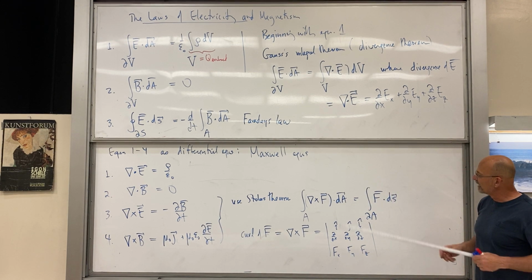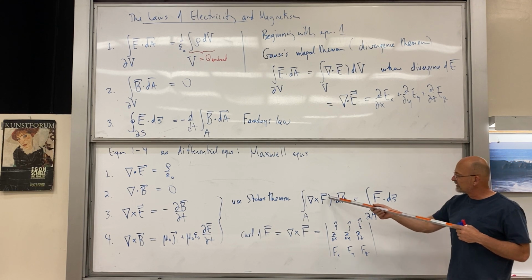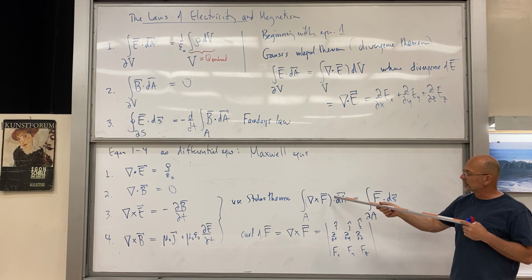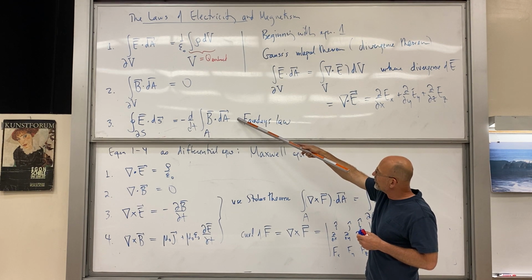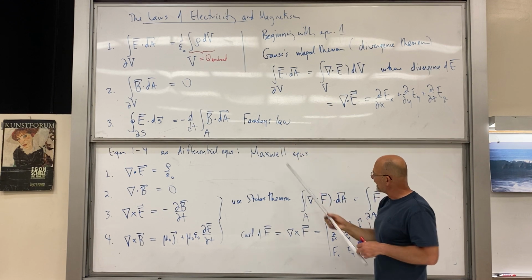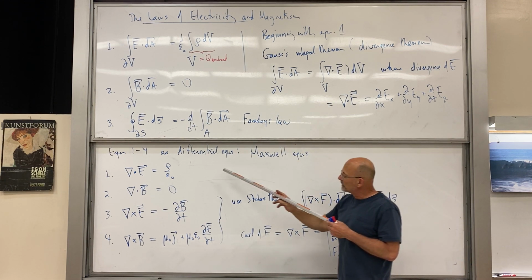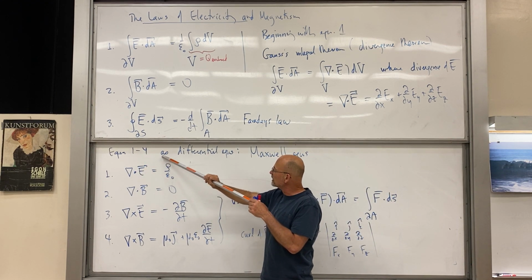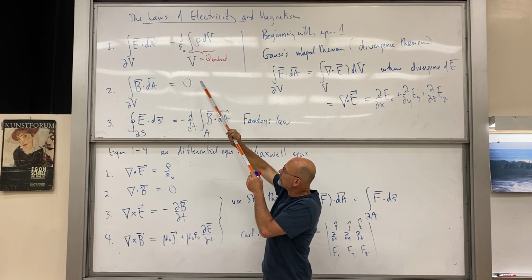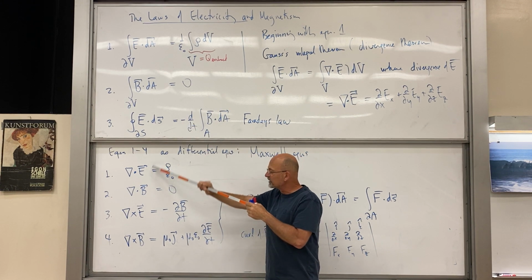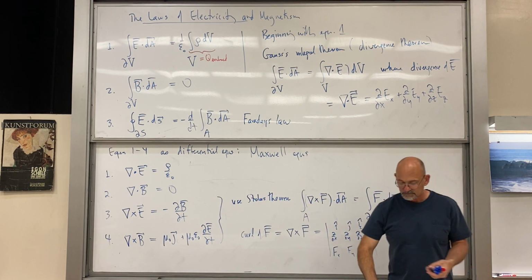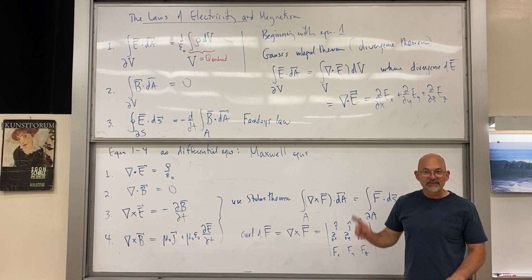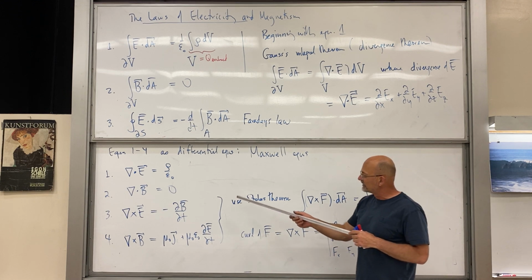But the point is, using Stokes' theorem, and this isn't a force, this is just some vector field. Using Stokes' theorem on equations 3 and 4 here, you kind of see what happened. We reduce all of the integral equations to differential equations. And these are called the Maxwell equations. So at this stage of the game, what's the proof that these are true?